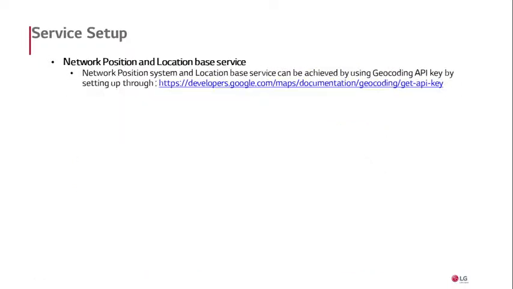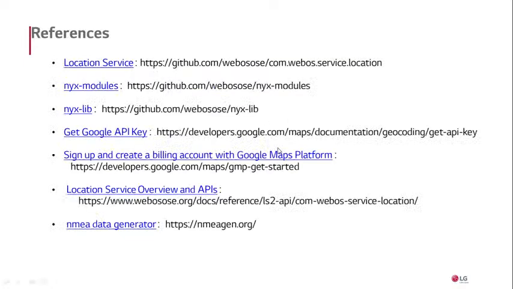Network positioning and location-based service. The network positioning system and location-based service can be achieved using the geocoding API by setting up the key through this. So these are the references for anybody who wants to go through the location service.